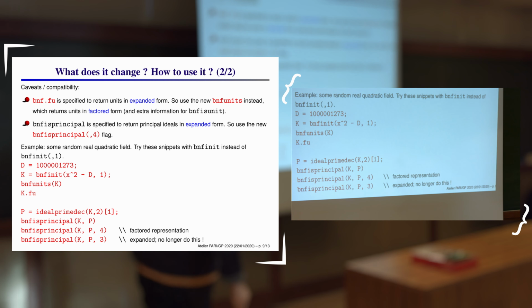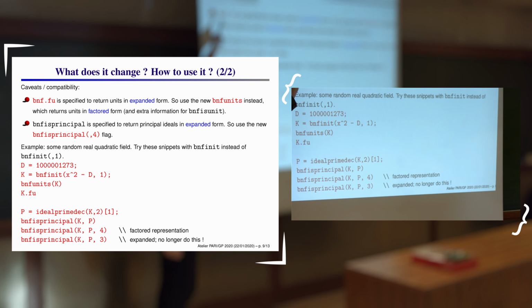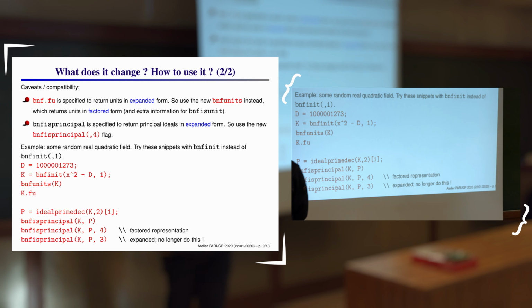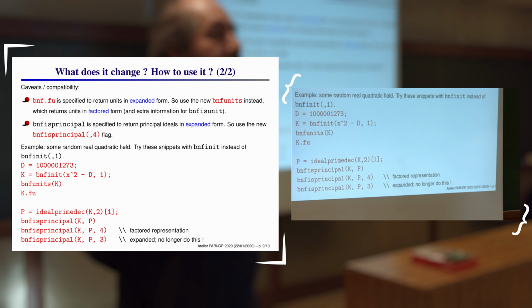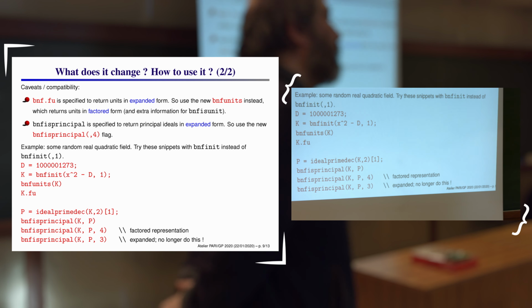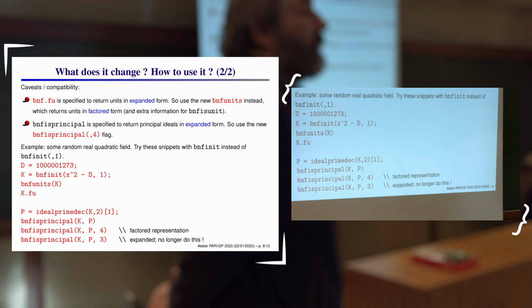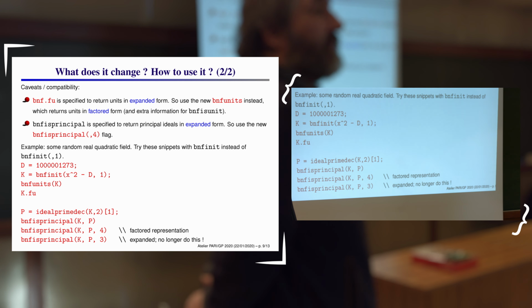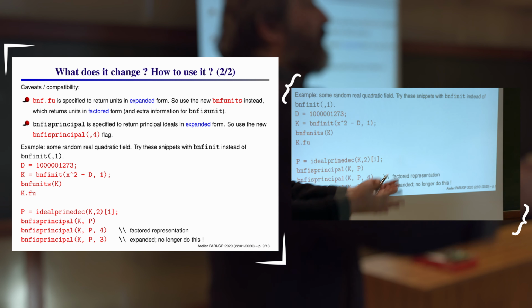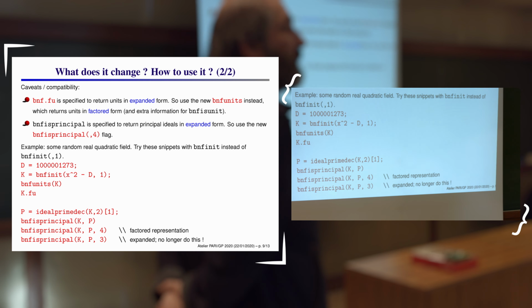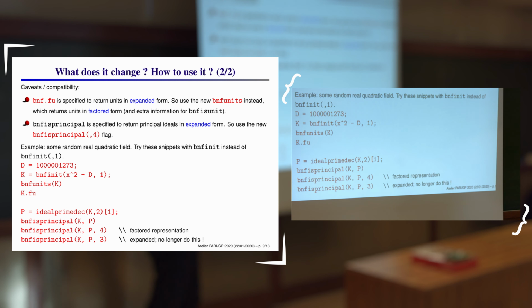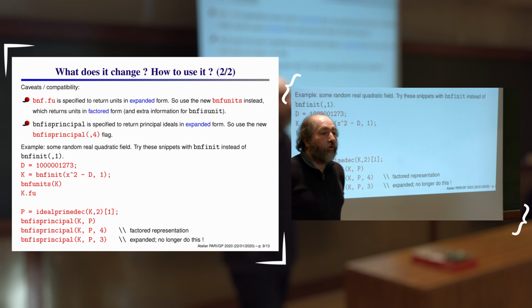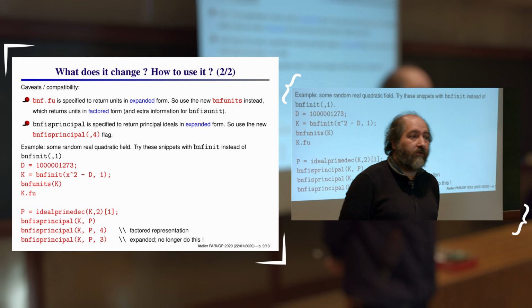So what happens now? Now we have a problem of compatibility. bnf.fu was meant to return the fundamental units in expanded form as Mod(polynomial, t). We cannot change that. Even though they are represented in a different way, if somebody used this method to recover the units in a given form, we cannot give the factored representation instead, because that's not backward compatible.